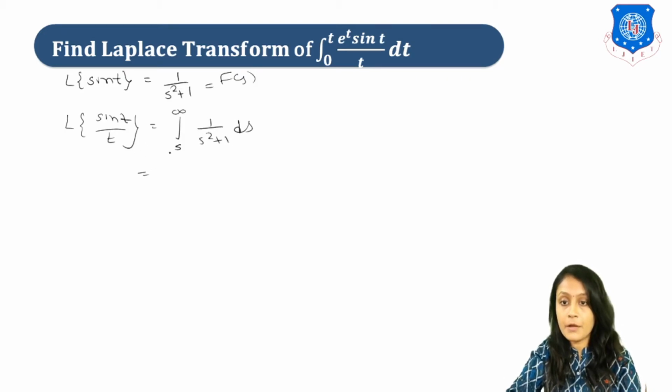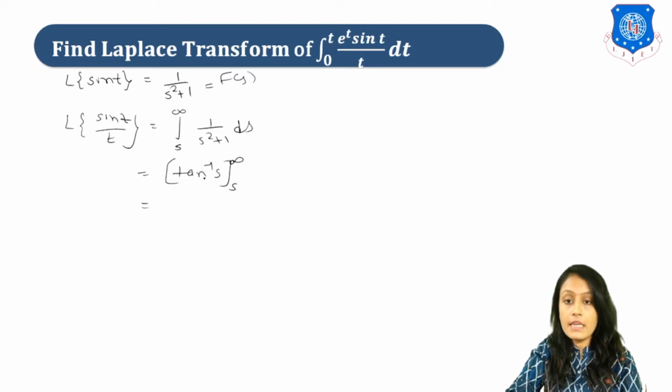The integral is tan inverse s, with limits s to infinity. Tan inverse infinity is pi by 2, so we have pi by 2 minus tan inverse s.